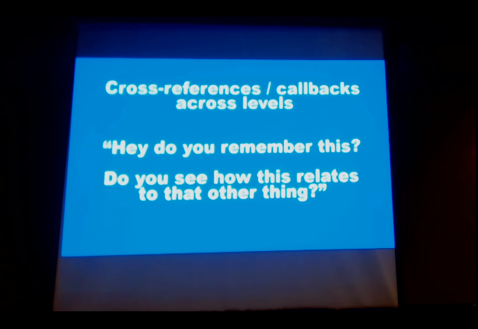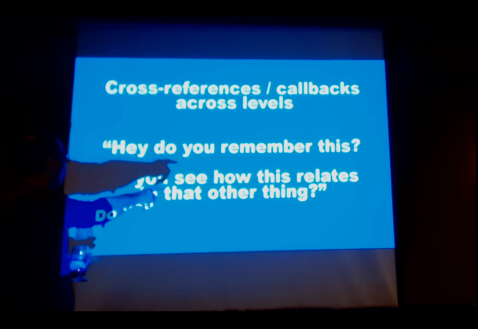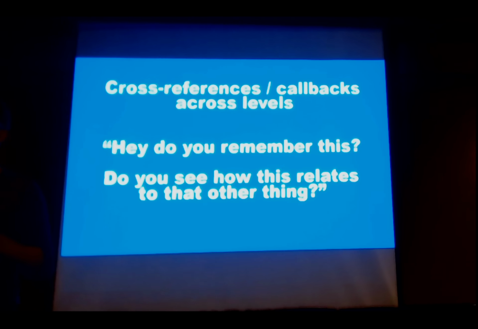Now, in addition to all that, there's another level of stuff that happens, which is cross-references and callbacks across levels. So you might reach a particular level and it'll say, hey, do you remember this other thing you did before? Do you see how this thing you're doing now relates to that other thing? So again, here's phase again. And that level is reprised in World 6 with only one row of clouds, where you have this mechanic where you can set up a little time dilation.